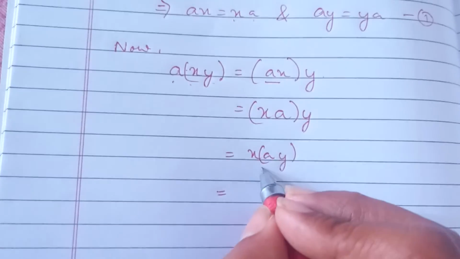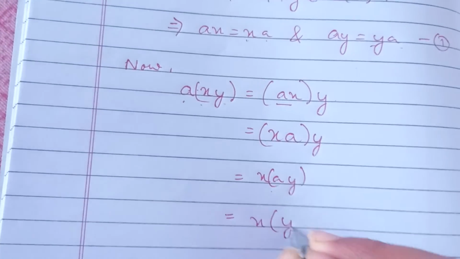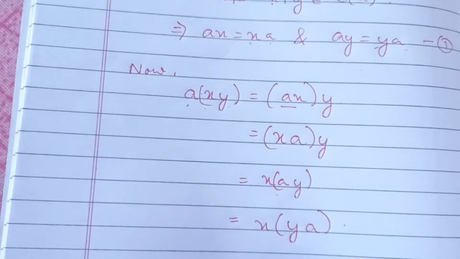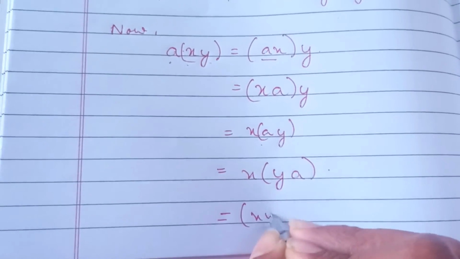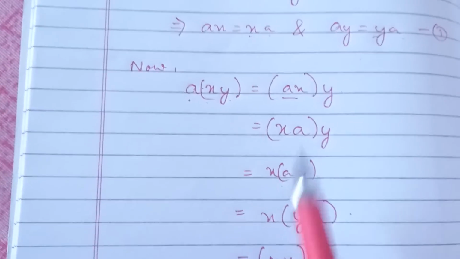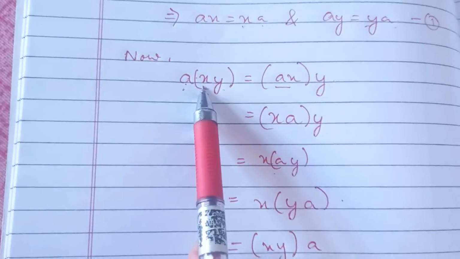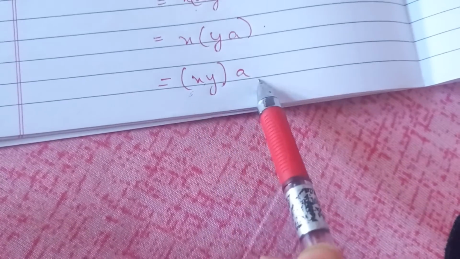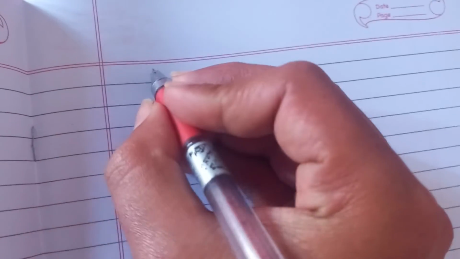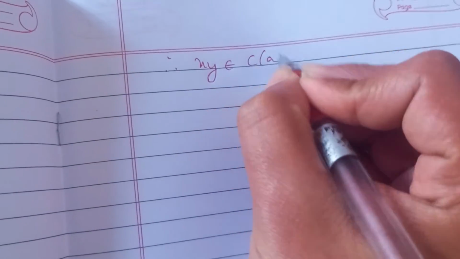Now here we can write AY as YA. Now we'll again use the associative property: (XY)A. So here we can see that A multiplied with the element XY is equal to XY multiplied with A, which means it is commutative. Therefore XY belongs to the centralizer of the element.